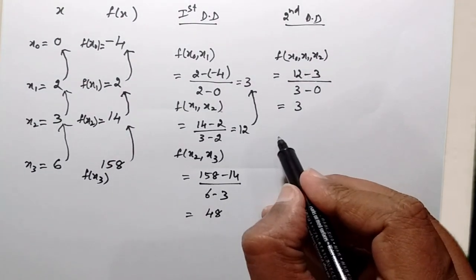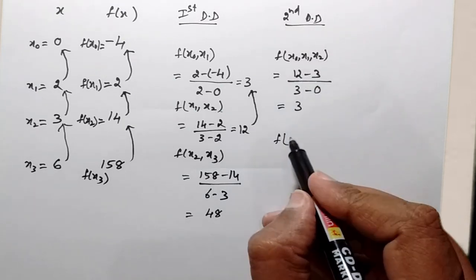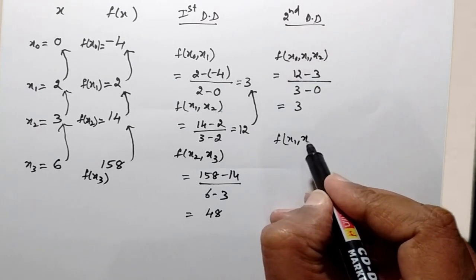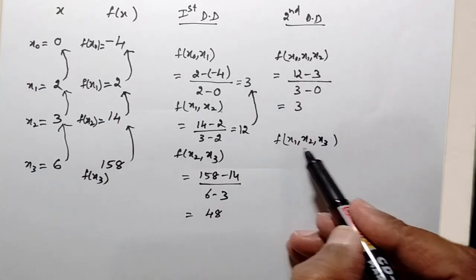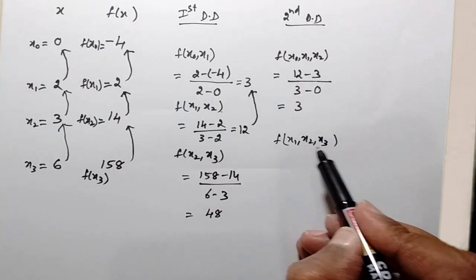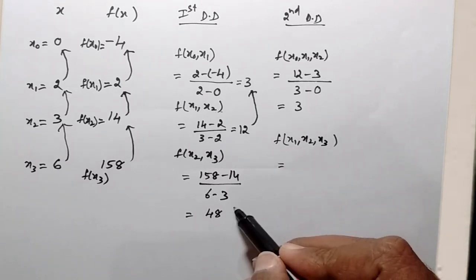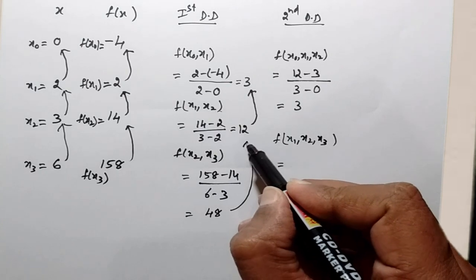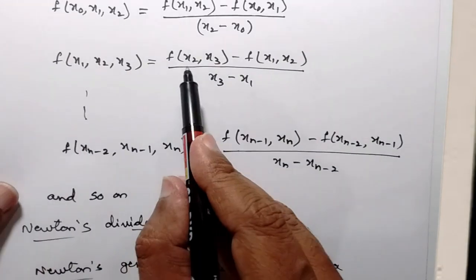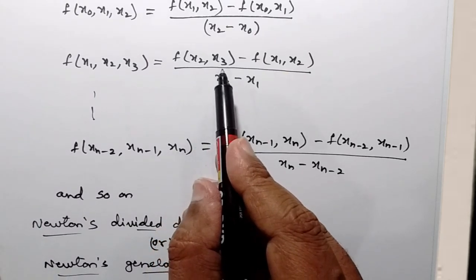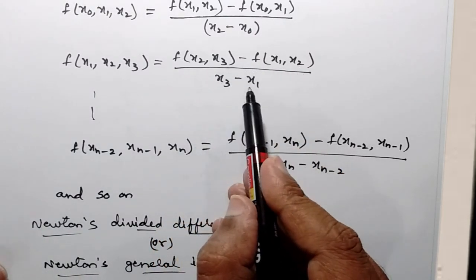Next divided difference will be f of x0, x1, x2. The next value will start with x1, x2, x3. After x0, you have to get x1 here. So here what will be the difference? These two differences here we will take. The second divided difference x1, x2, x3 will be f of x2, x3 minus f of x1, x2 divided by x3 minus x1.